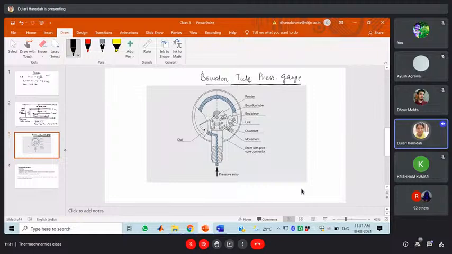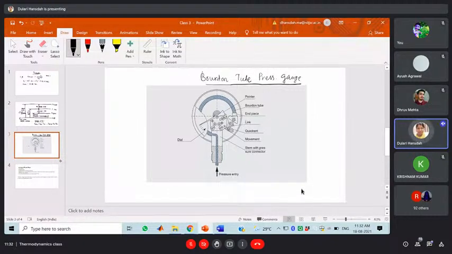The pointer reads the values already given on the dial. As per your deflection, that pointer will move and read the pressure of any system. So this is your mechanical device which measures the pressure.